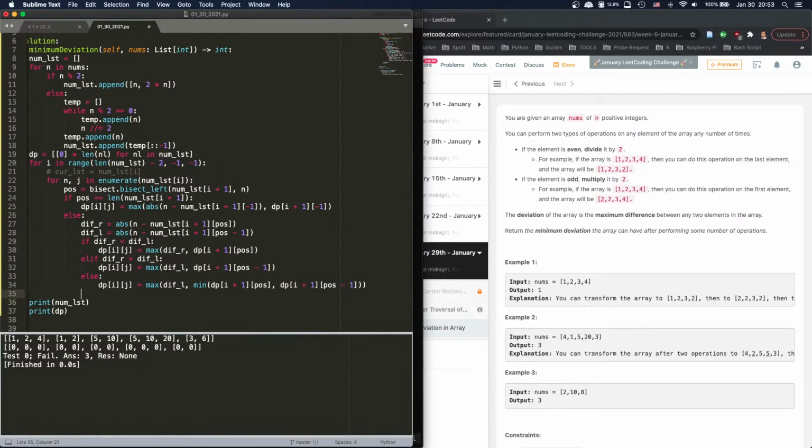Right, so for each value we check the bisect on this, and then based on the position we do all these things. A lot going on, that's for sure.